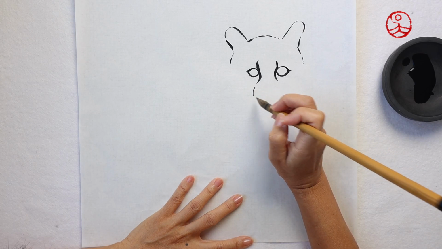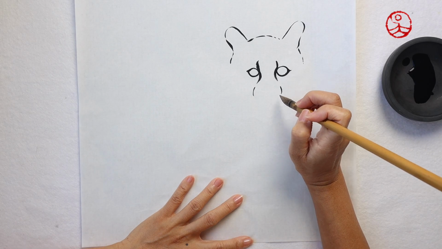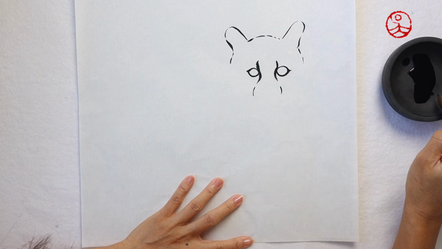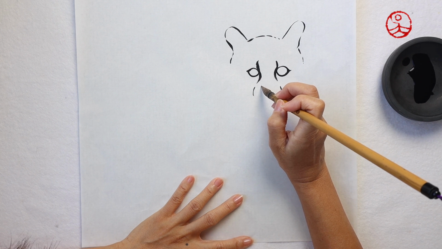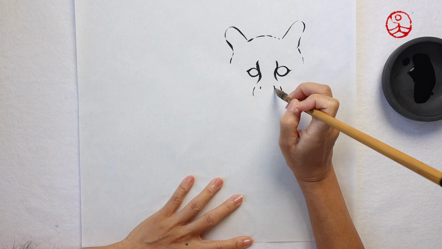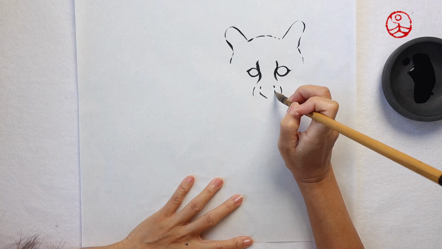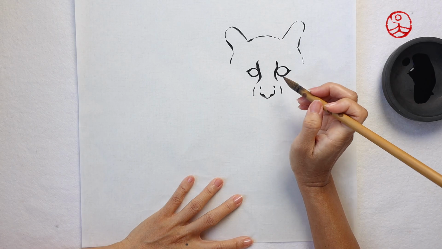And then I'm going to mark slightly where the mouth area is. Well, since I have a lot of ink in my brush, so I'll just continue. This is the nose. Okay.